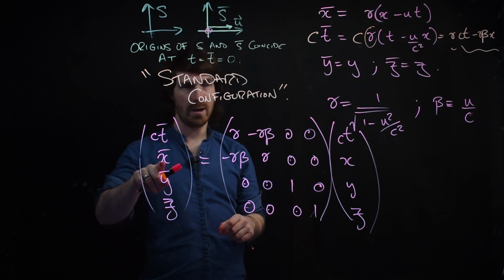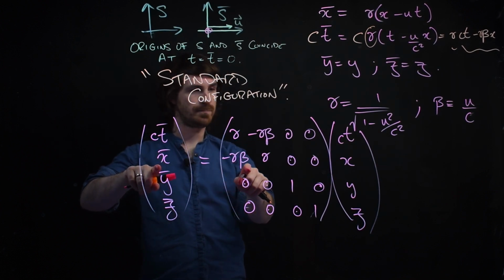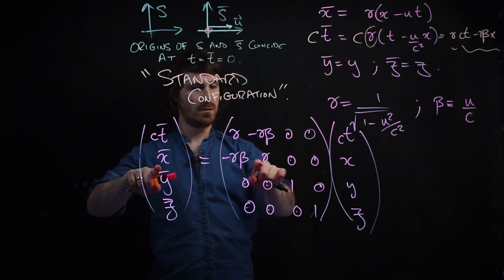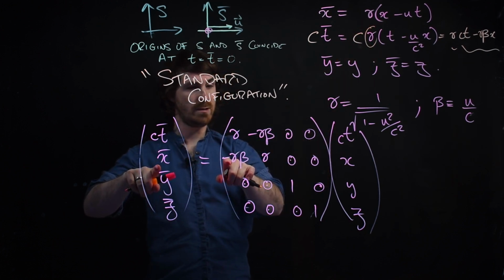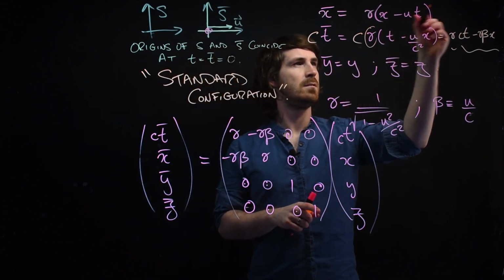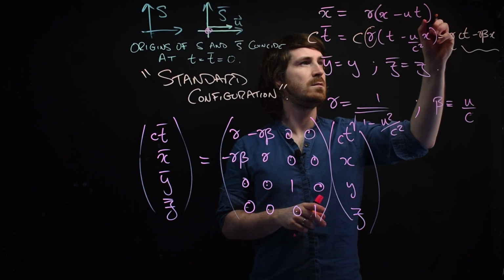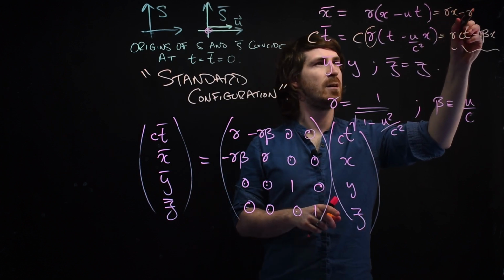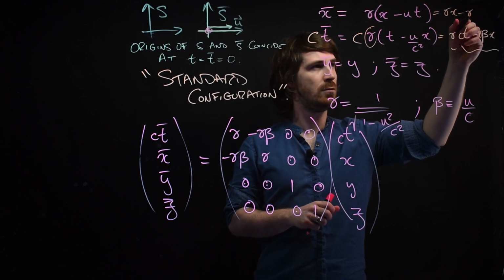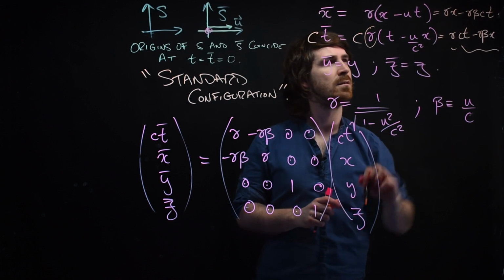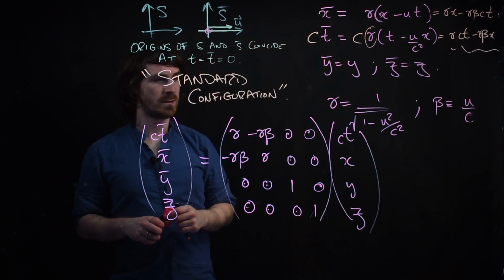Okay, and x bar equals gamma times x minus gamma beta ct. So this is gamma x minus gamma, and u is equal to beta times c, times t. Okay, so that's consistent.